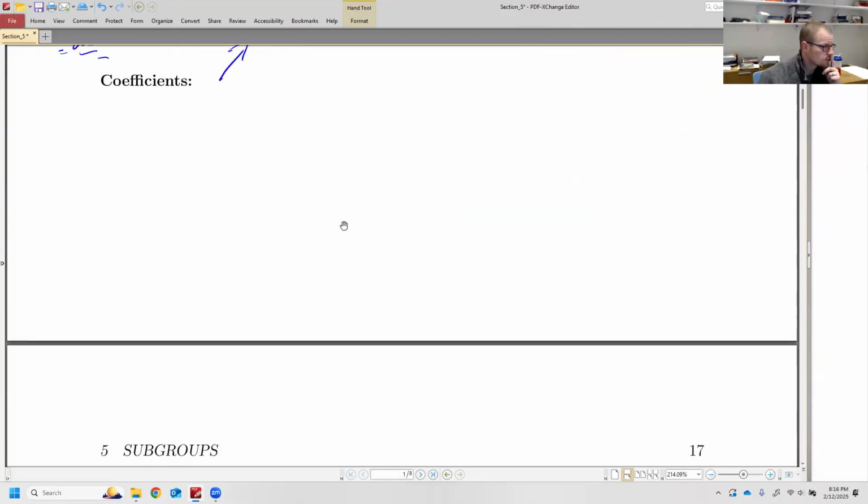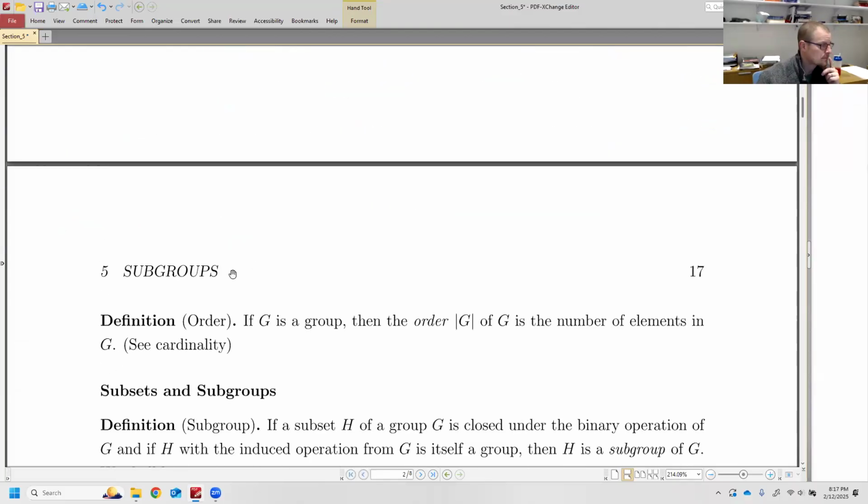Maybe it's worth throwing a comment out here. The order of a group is the number of elements in the group. This relates to our previous section. In section 4, we talked about the distinct groups which have 1, 2, or 3 elements. Now, the group containing one element is really not even considered. If you look at the book, I don't even think it mentions it.